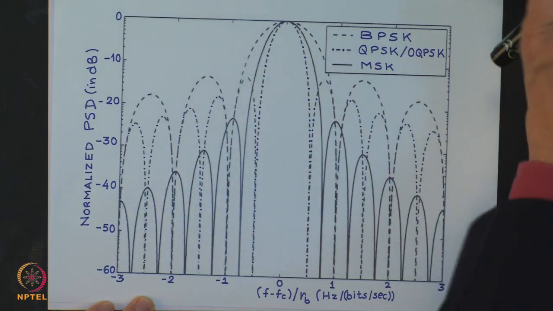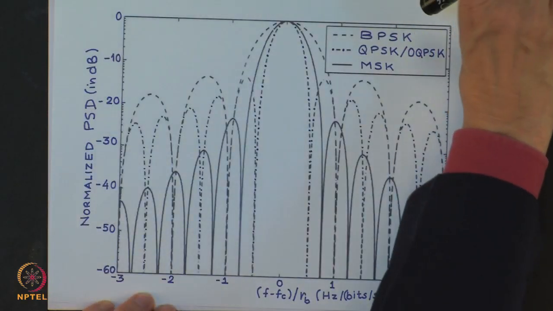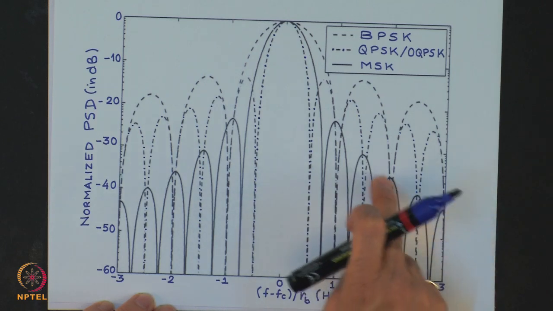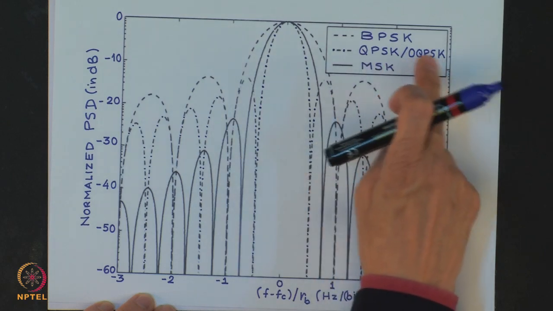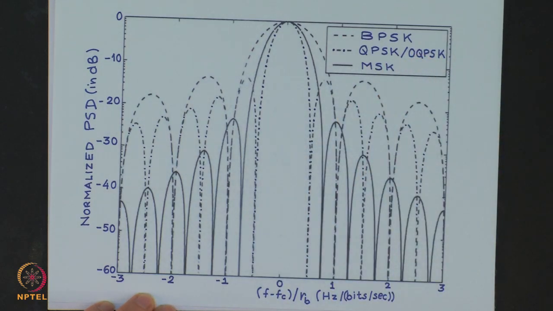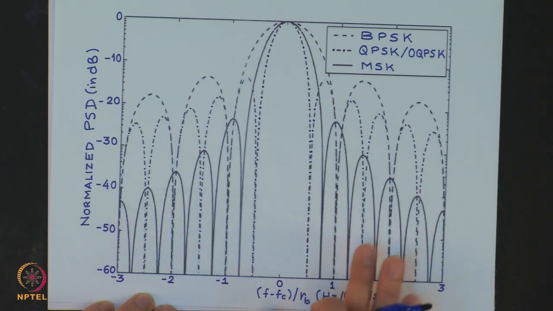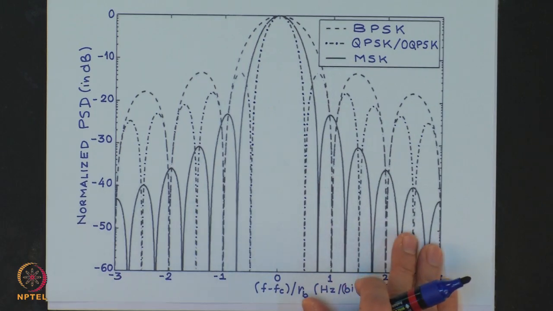So, as predicted by the decay rate, it is observed from this figure that MSK has lower side lobes than QPSK or BPSK, and this is a consequence of multiplying the binary bit stream with a sinusoid, yielding more gradual phase transitions. So, the more gradual the transition, the faster the spectral tails drop to 0.